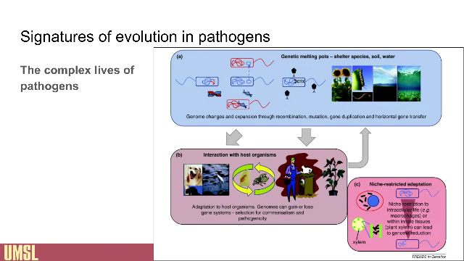And one of the few breaks from this that we see is what we refer to as niche-restricted adaptation. Essentially you become an obligate pathogen that absolutely requires your host for your entire life. So you do not live out in the world, out in this genetic melting pot. You are hardwired to live in this one particular environment.